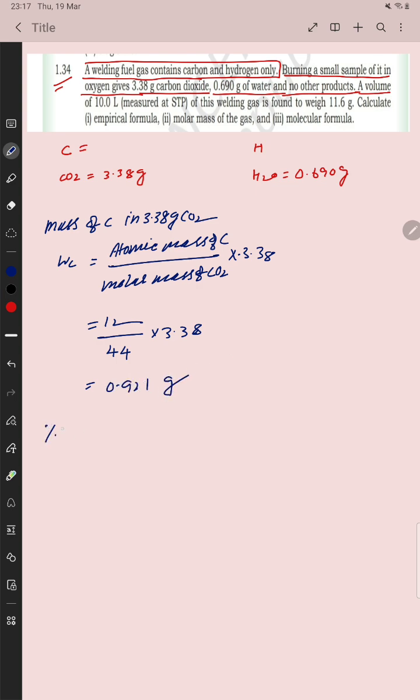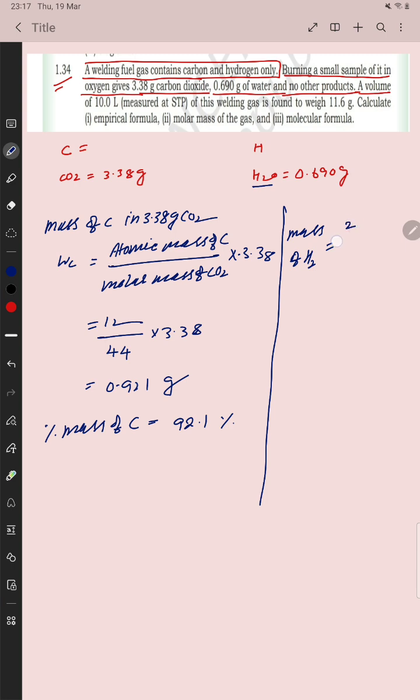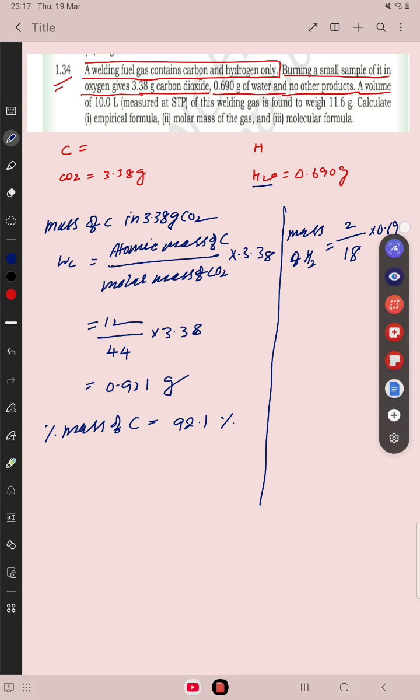So percentage mass of carbon, multiply by 100, is 92.1%. Now here you see the mass of hydrogen. 2H is there in water. So 2 by the molar mass of H2O, 18, multiplied by 0.690.